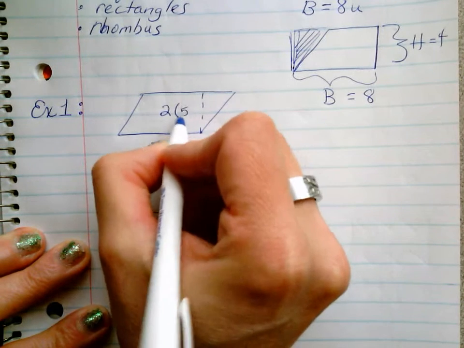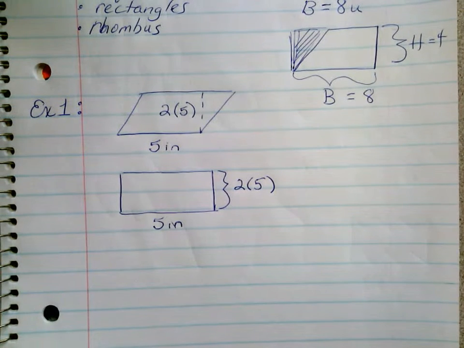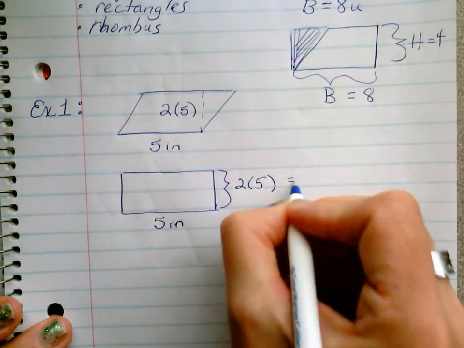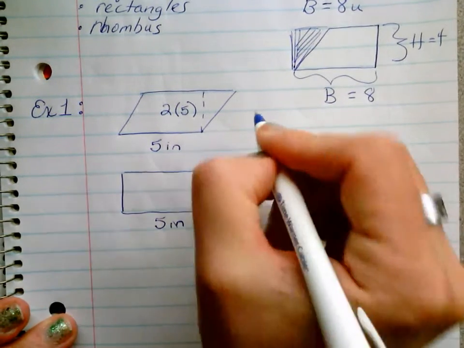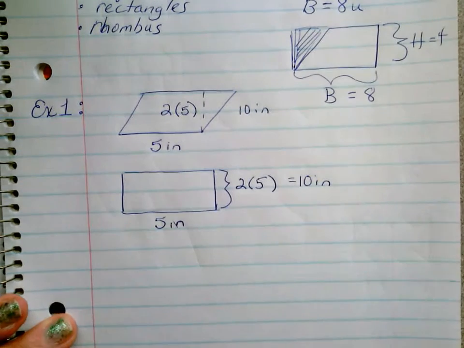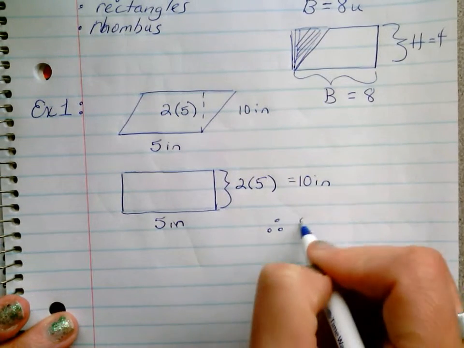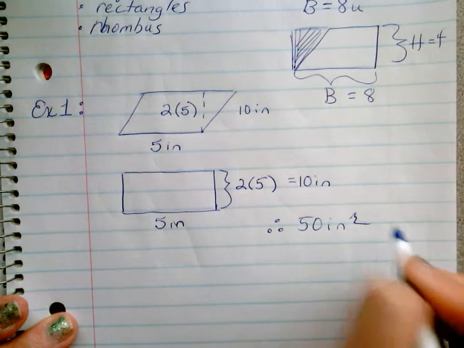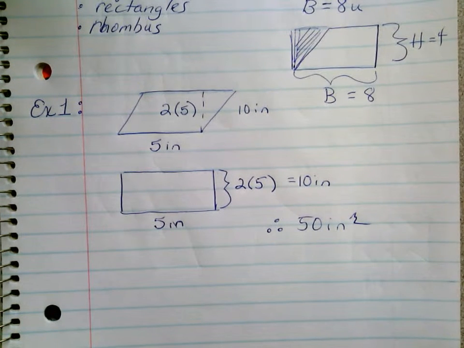Same exact idea. In any case, what would it be? 10? Yes. 10 is the height, which doesn't look like it is in my drawing, but so the area is 50 inches squared. Let's go to the next page.